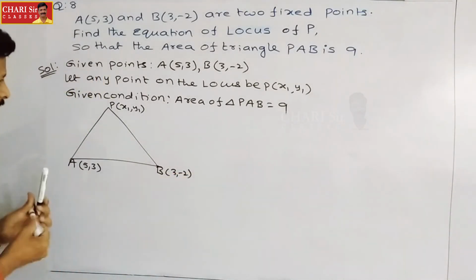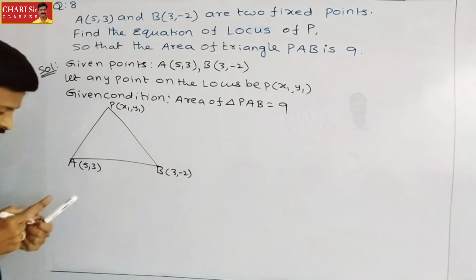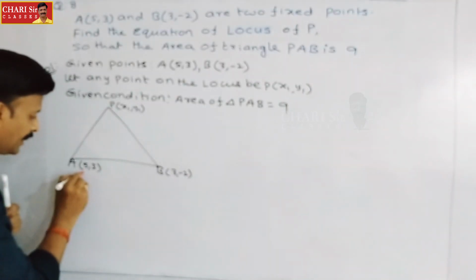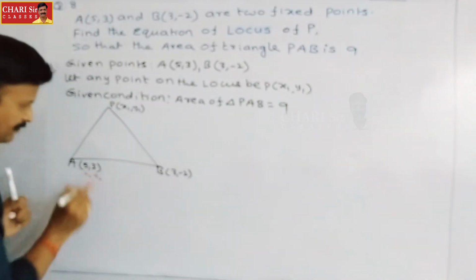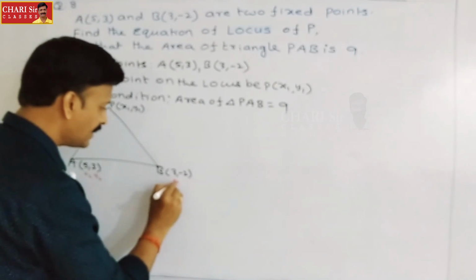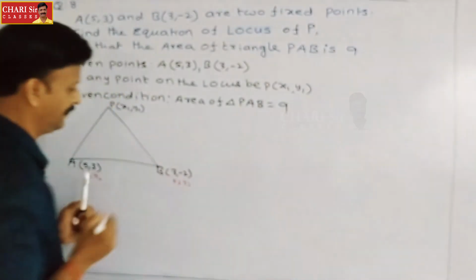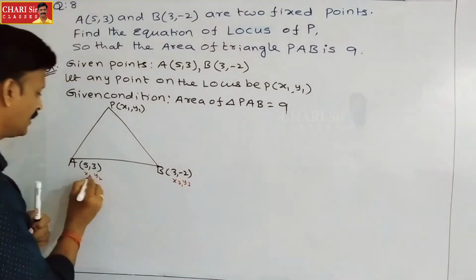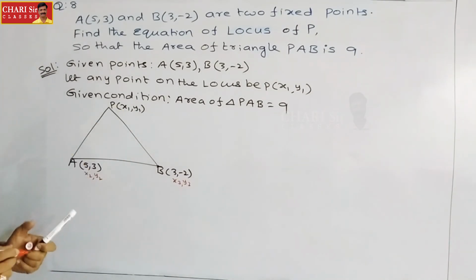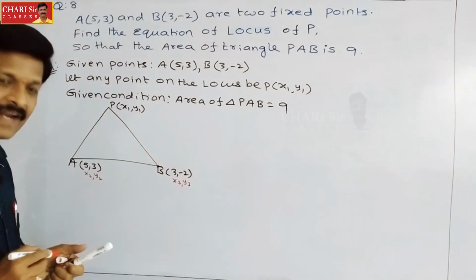So we consider P as (x1, y1), A we take as (x2, y2), and B is (x3, y3). Now what is the area of triangle?